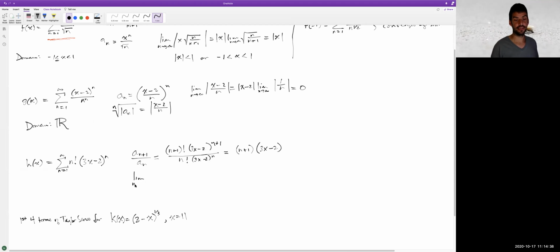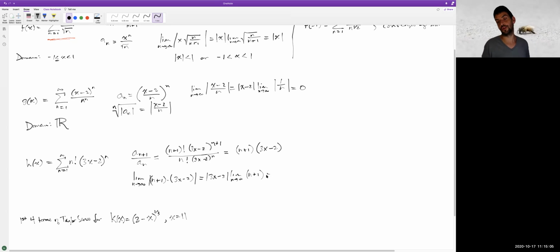The limit of this thing in absolute value: we've got n plus 1 times 3x minus 2. We can factor out this if we want. N plus 1, and this will go off to infinity, right?